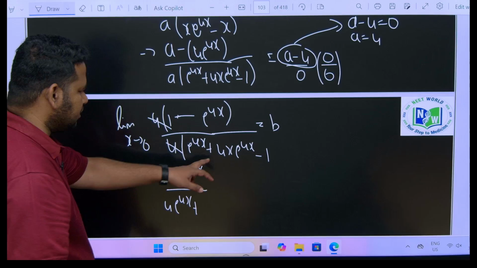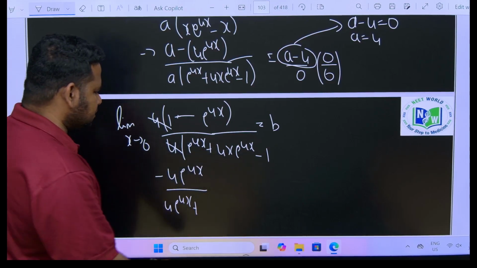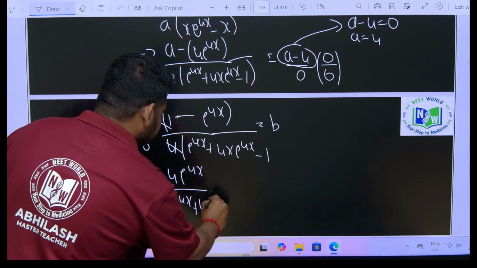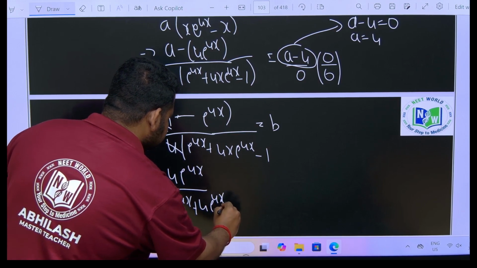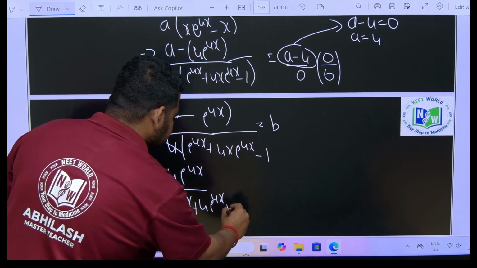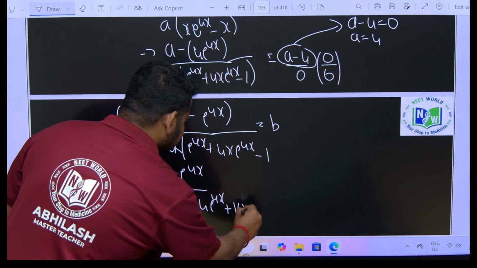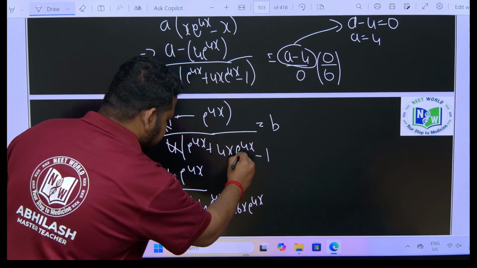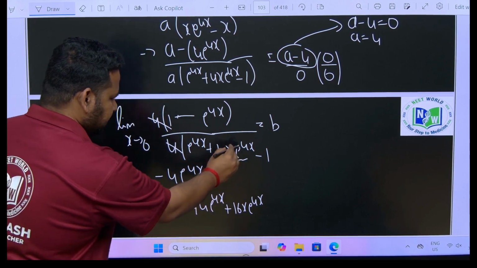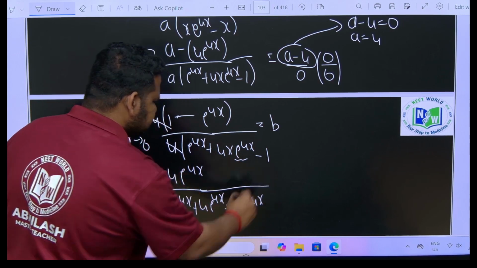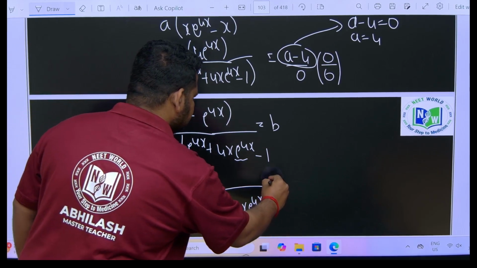I have to apply product rule. So this will become 4 into e power 4x plus, 4 into 4 is 16, 16x into e power 4x. I am differentiating e power 4x again, so 4 into 4 will become 16. Minus 1 is nothing but 0. This is equal to b.